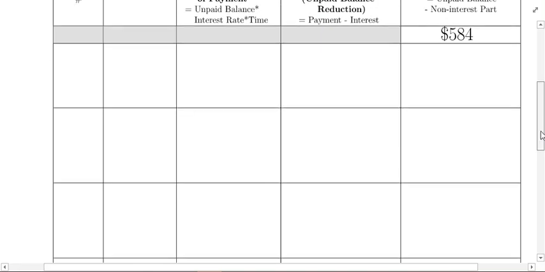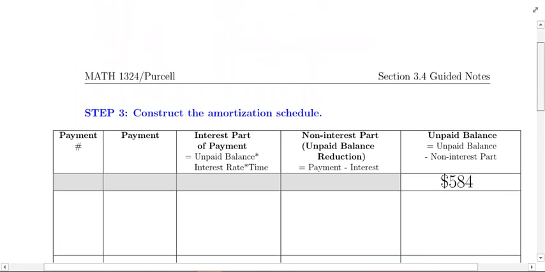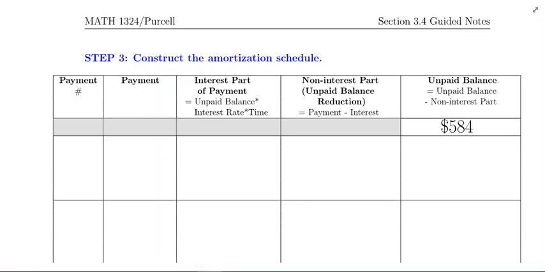You can see it takes up the whole page. Let's talk about what the columns represent. The first column refers to which payment number we're keeping track of. Remember we calculated on page 2 that there are going to be 6 total payments, because they're quarterly payments and we're making them for 1.5 years.